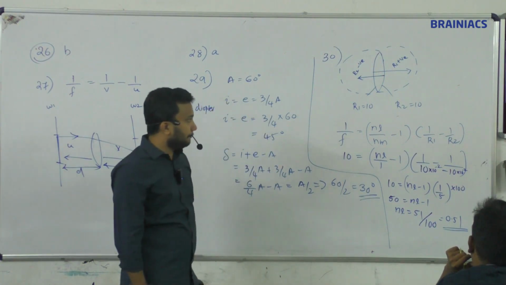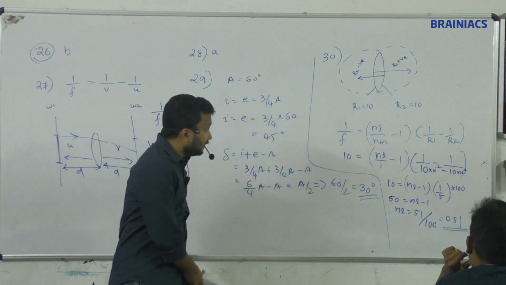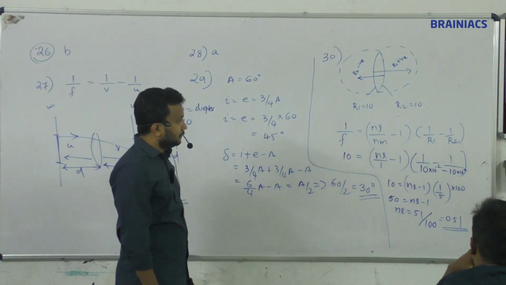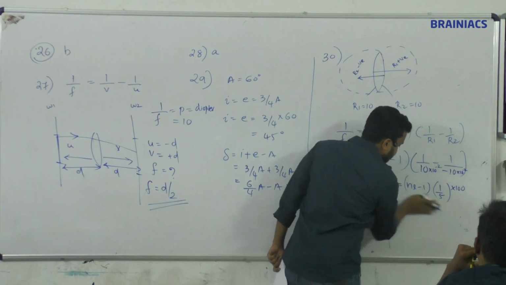Sorry, 1 by 5. 10 is equal to 50 by 100. 50. These steps are mistakes. Let me see once again.